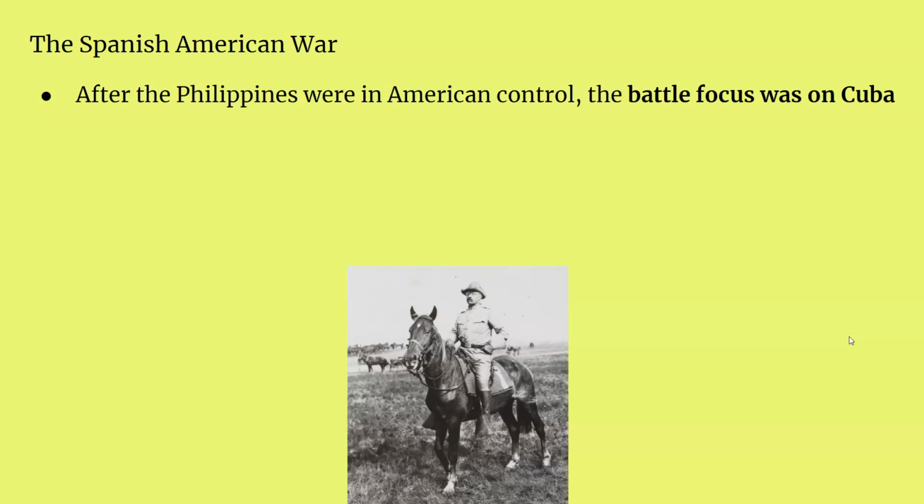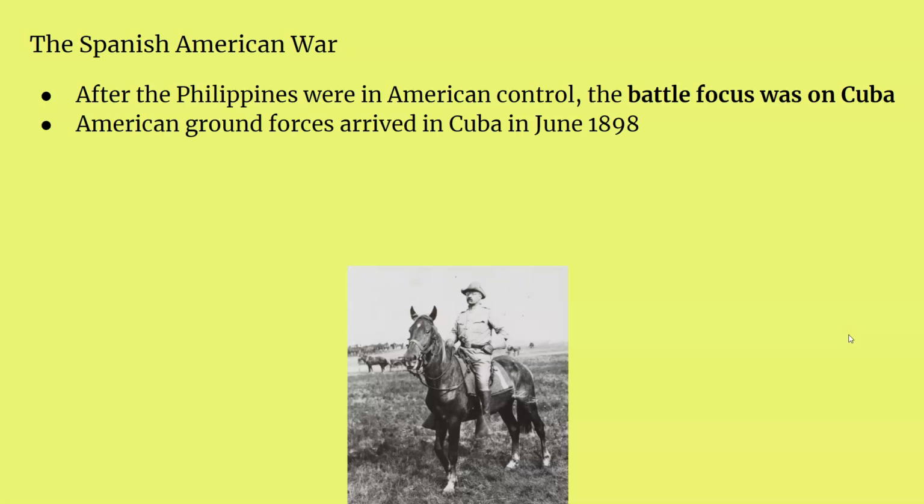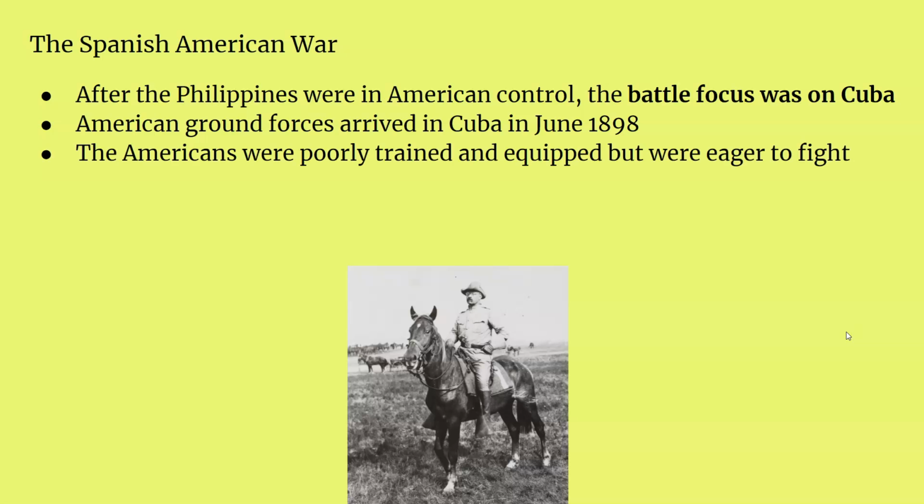After the Philippines were in control, all the focus was on defeating the Spanish in Cuba. American ground forces started in June 1898. Surprisingly, the American troops that were sent were poorly trained, and poorly equipped for such an environment in Cuba.